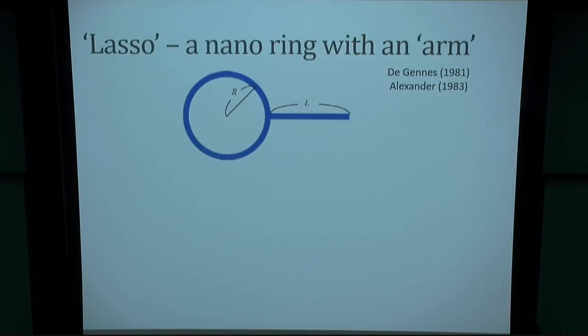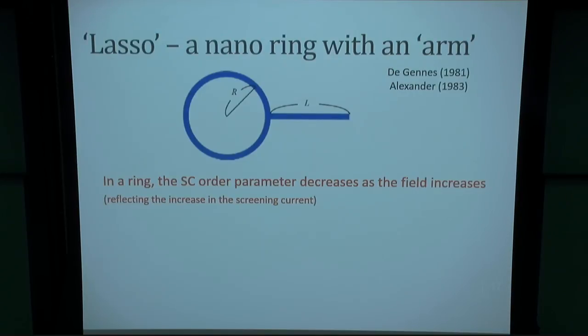And the essence of their calculations is the following. In the ring, as we increase the field, there are a lot of changes in the screening currents. The screening current is oscillating, so the energy is oscillating. So the order parameter must change along the ring in a kind of periodic way. This arm is much less affected by the external field.